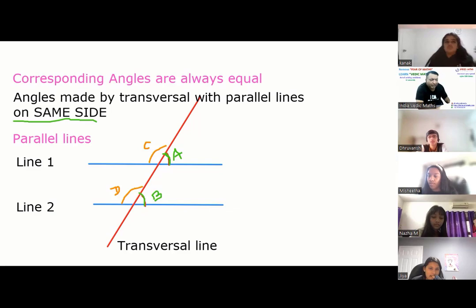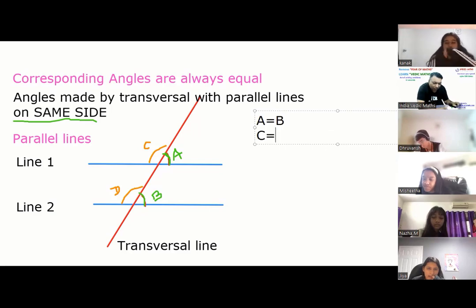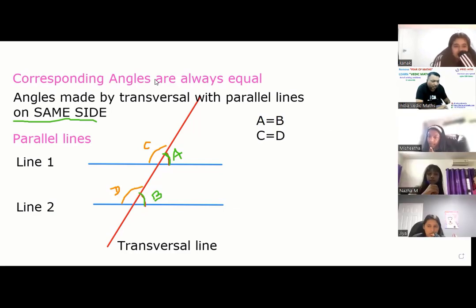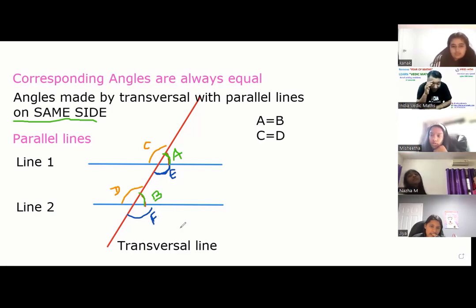So let me write down here, okay? A equal to B, C equal to D, correct? Let me make some more angles with blue. Now tell me, Kanak, if I make angle blue here, let's say this angle name is E, and this angle name is F. Tell every one of us, are angle E and F corresponding or not, and why?